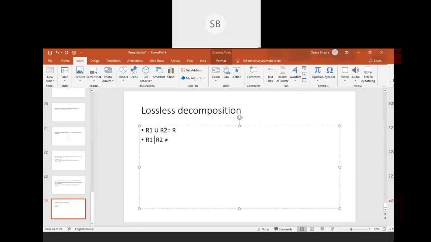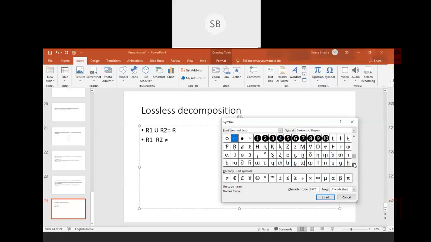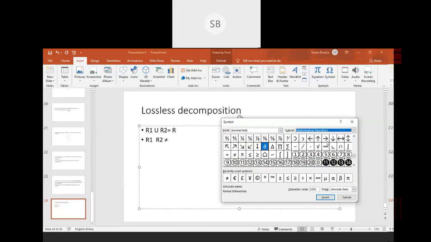You know the symbol, right? Too many symbols. Mathematical operators.